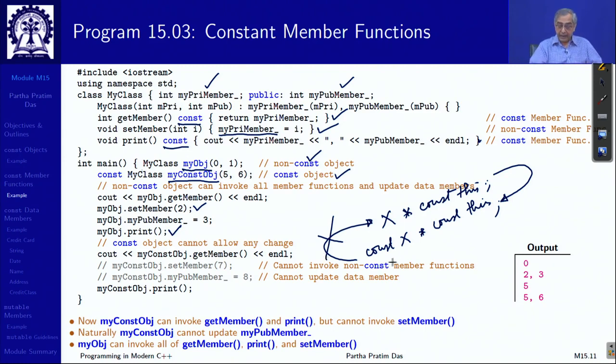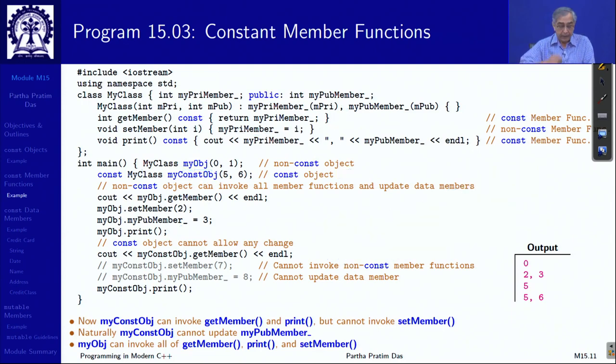This is saying that this pointer is pointing to an object which is constant, and I cannot change that to a pointer which is pointing to a non-constant object. So, the consequence, as you will see, is that on the non-constant object I can do anything. Of course, I can do direct assignment also.